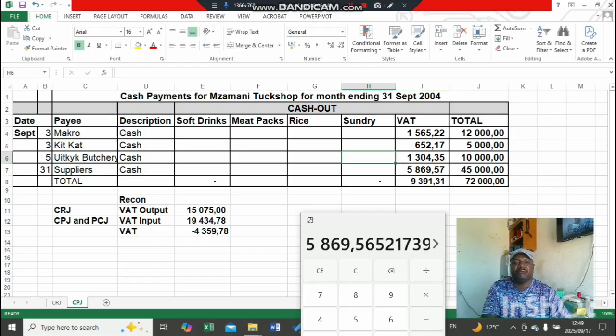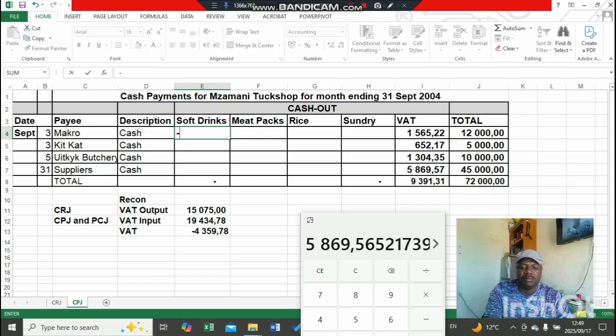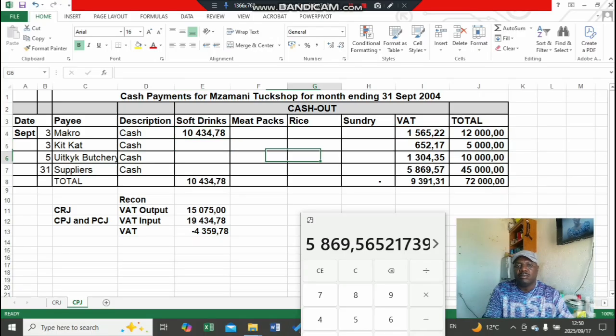There you go. And the amount without VAT, have I calculated the amount without VAT? No. There's something I haven't been doing. For Macro soft drinks, we need to indicate the amount without VAT. That will be J4 minus I4.